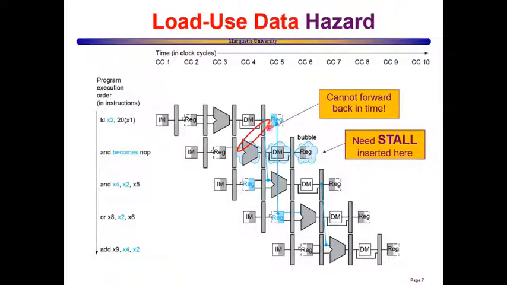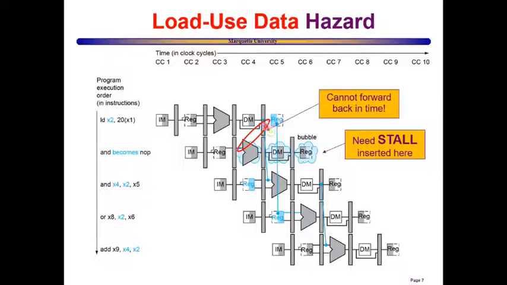It would be needed earliest right here by this instruction, that if we were to fetch it and push it into the pipeline here, that information would be needed over here. Forwarding would be to have this connection from this point back in time, and that would not be possible.